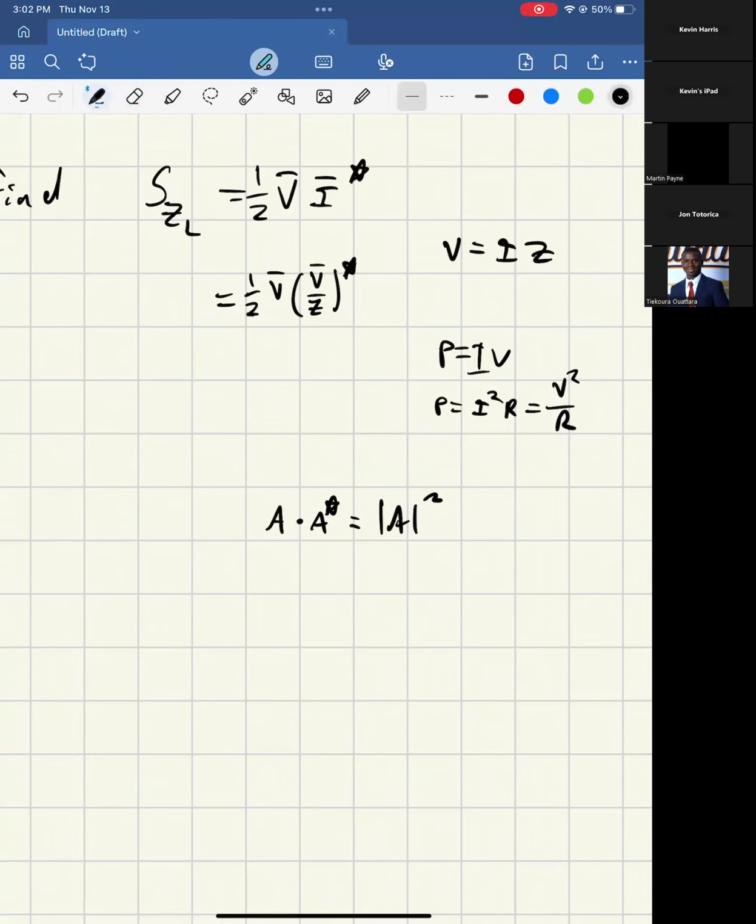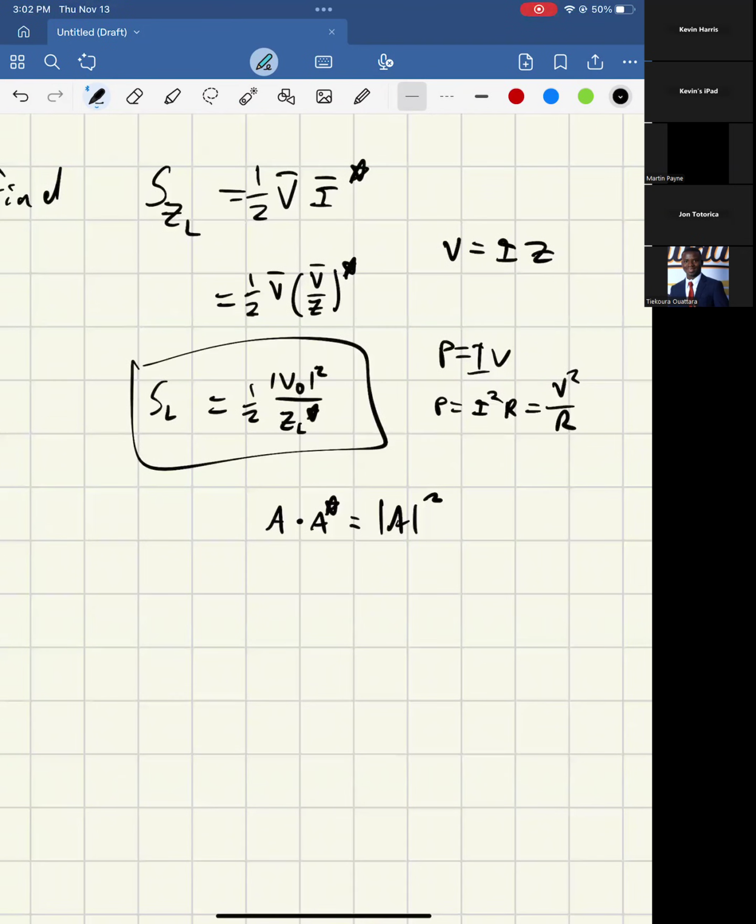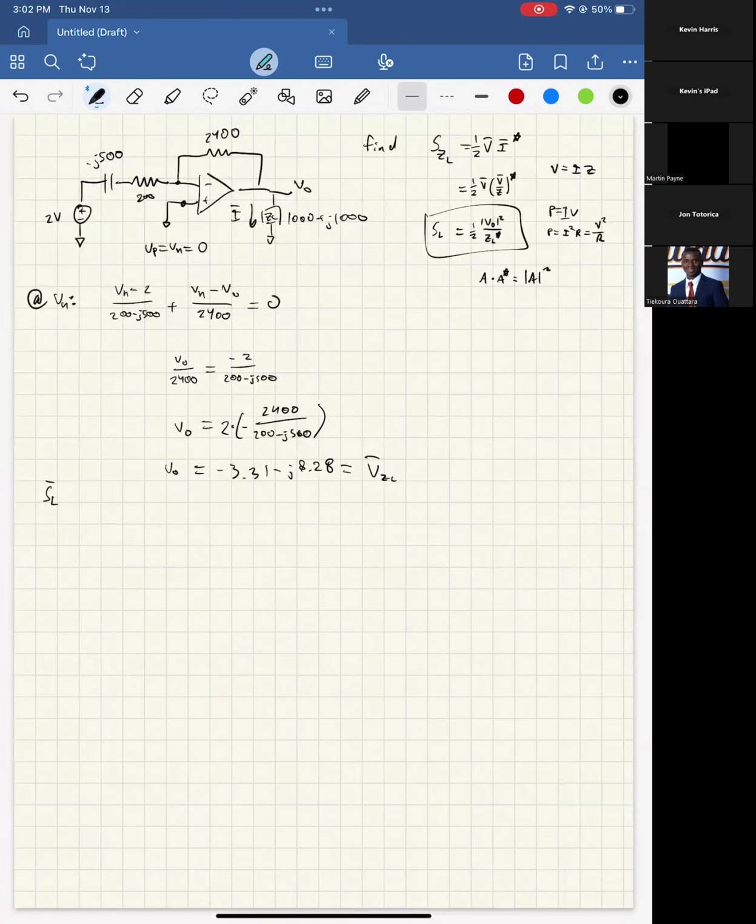That's just a thing. You can prove it for yourself if you want. But we end up getting that SL is also equal to V naught squared over ZL conjugate. So I'm going to use this equation. However, if you wanted to, you could also just find I bar normally. But this equation is a nice way to not have to find I bar at all, you know?